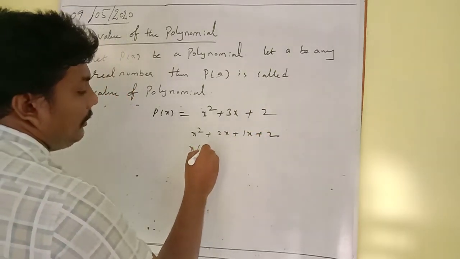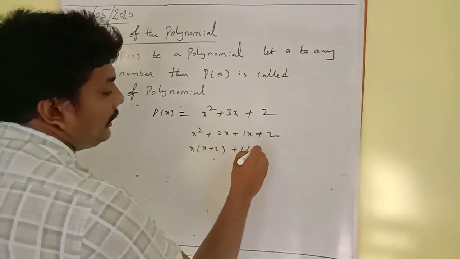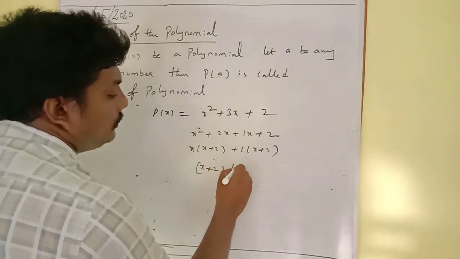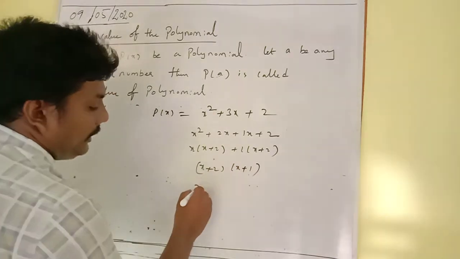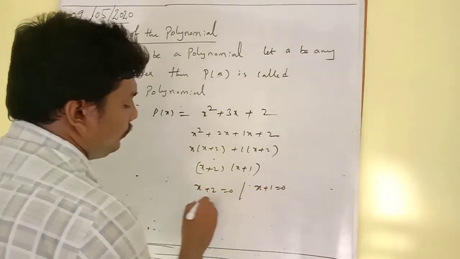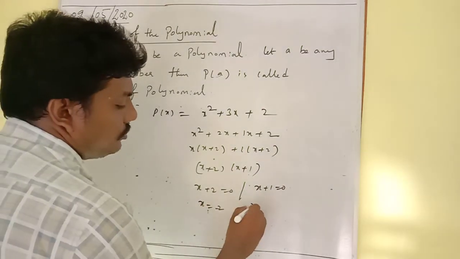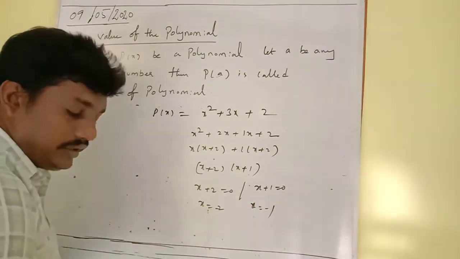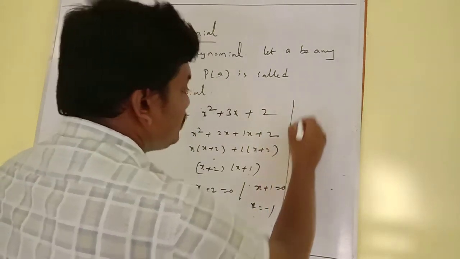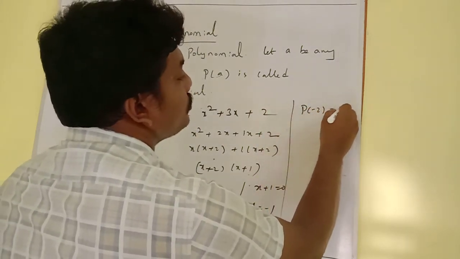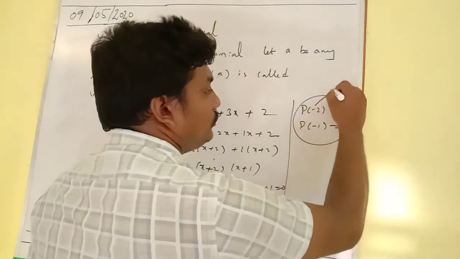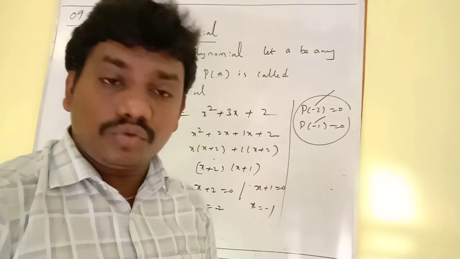Taking x common, x plus 2, and taking 1 common, x plus 2, we get x plus 2 times x plus 1. If x plus 2 is equal to 0 or x plus 1 is equal to 0, then x is equal to minus 2 and x is equal to minus 1. So P of minus 2 equals 0 and P of minus 1 equals 0. So here 2 zeros are there.